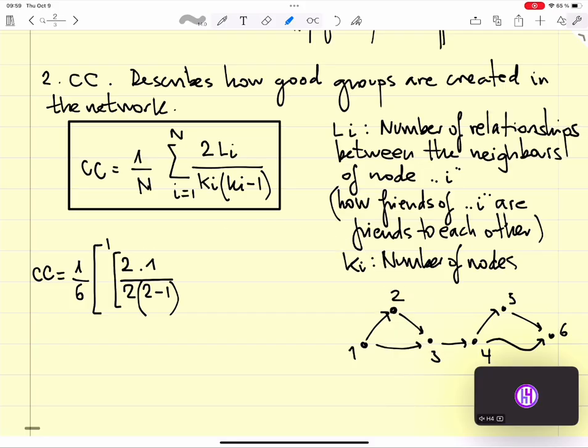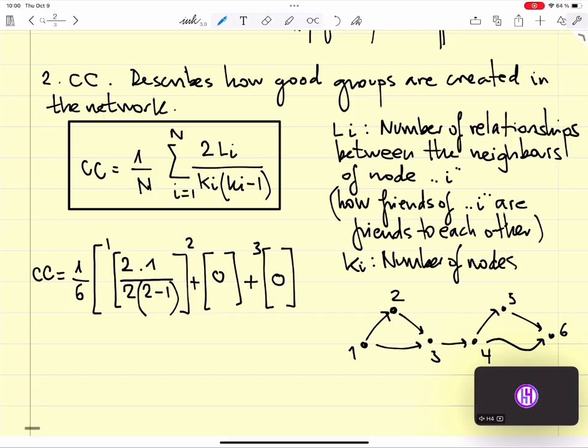Later you have the video so you can look at it as many times as you want. For node 2. Node 2 has only 1 connection. So here we can stop right on our foots and say, okay, 0. Node 3 has only 1 connection, so 0.